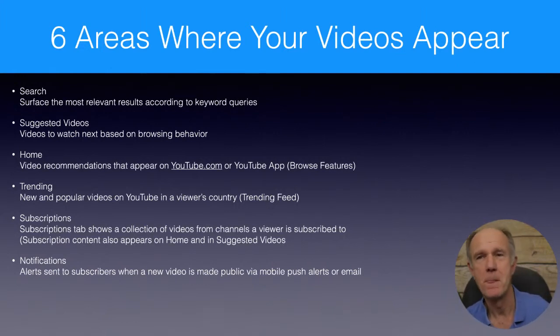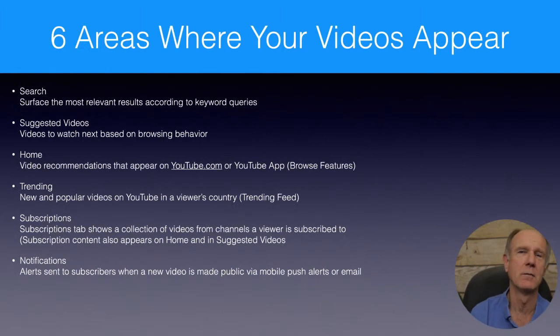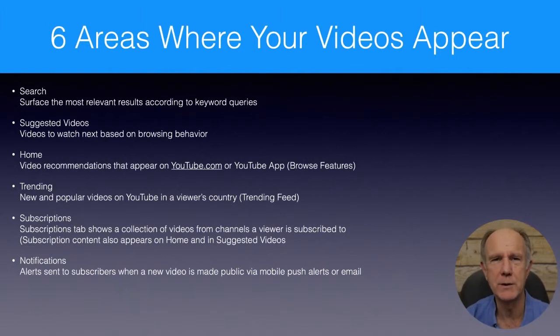So if you're making a topic on how to get more views, then you could say how to make more views, get more views fast, or all these different combinations you have to think about that you can use in your title and in your description and your tags. So it's really based upon search intent.